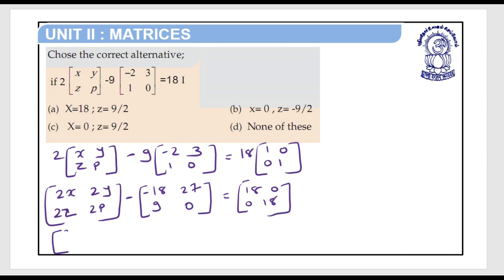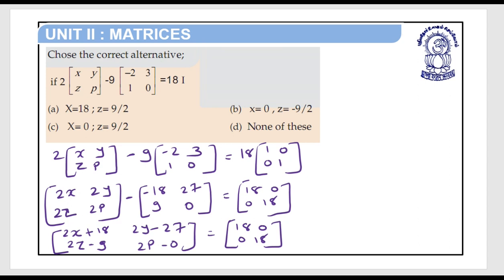So we can write 2x plus 18, 2y minus 27, 2z minus 9, 2p minus 0 is equal to 18 0 0 18.